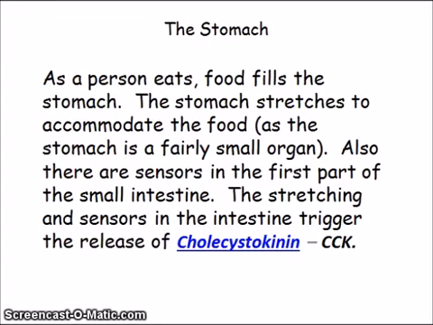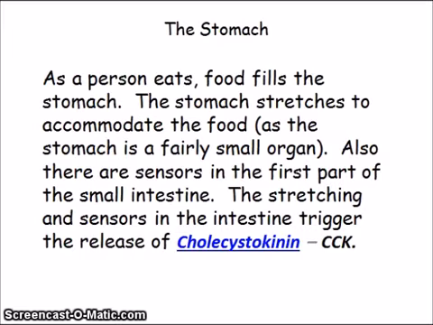When it starts to stretch, and when sugars begin to be sensed by the duodenum, the first couple inches of the small intestine, those two things, the stretching and the sensing of sugars in the small intestine, release CCK, which is at the bottom. You don't have to know the whole word. I'm only going to refer to it as CCK, both here in this video and on the test.